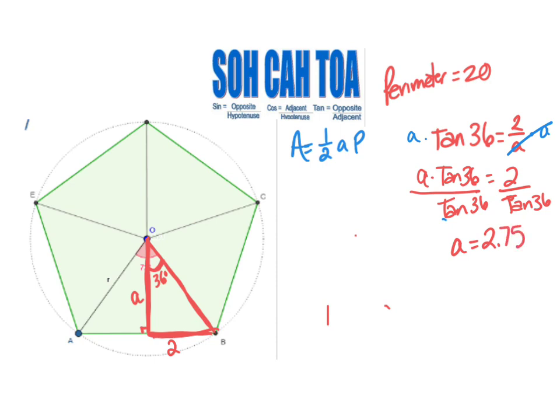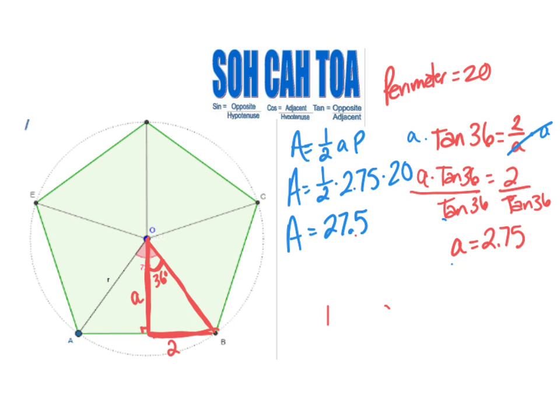Then I go back to my area formula: area equals 1/2 the apothem, 2.75, times the perimeter, 20. I'll go ahead and finish it: 0.5 times 2.75 times 20. I got the area to equal 27.5.